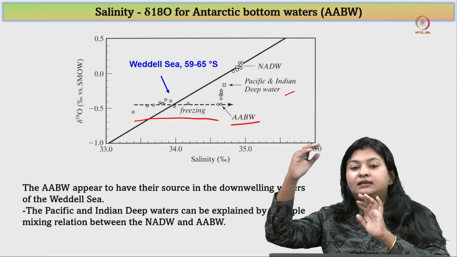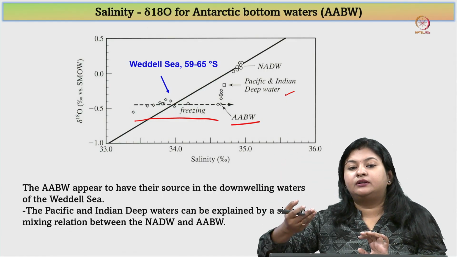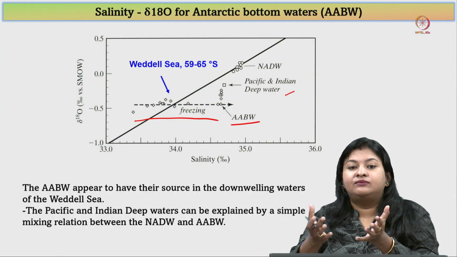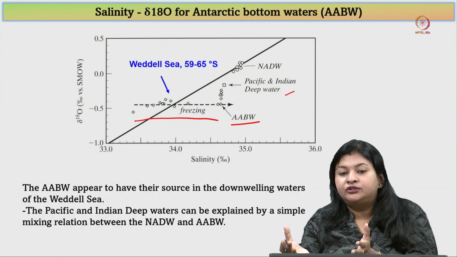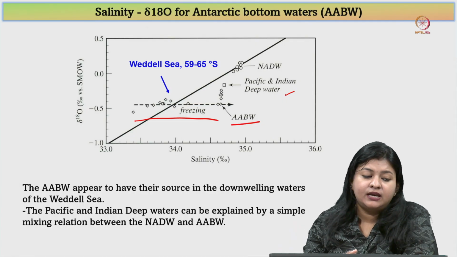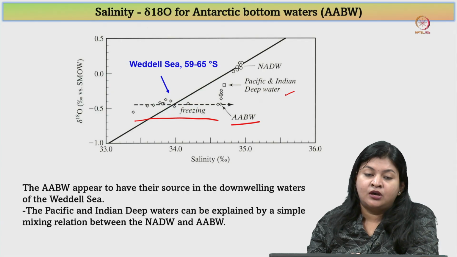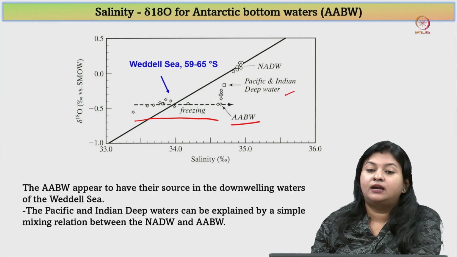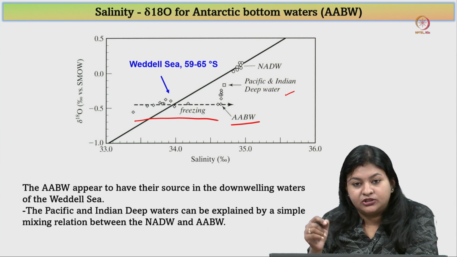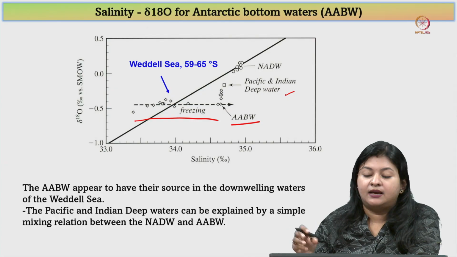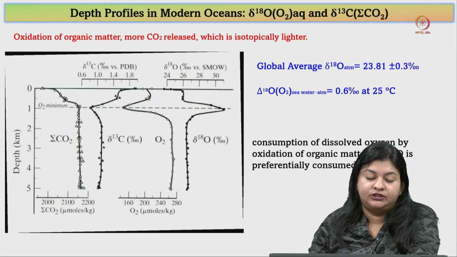So, it is the mixing of the North Atlantic deep water and the Antarctic bottom water that forms the Indian Ocean deep water and the Pacific Ocean deep water. Such examples show that delta 18O is very useful in understanding how ocean circulation works and how the ocean masses are formed in the different regions.